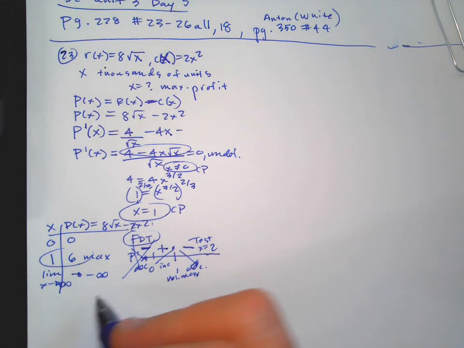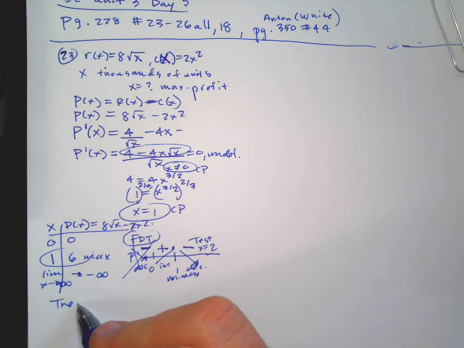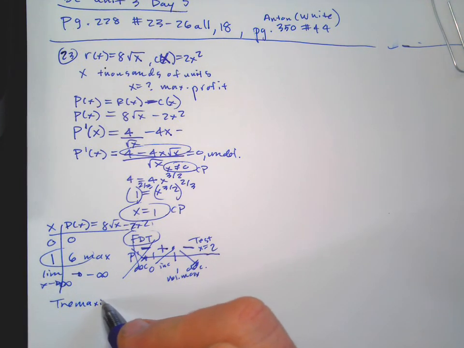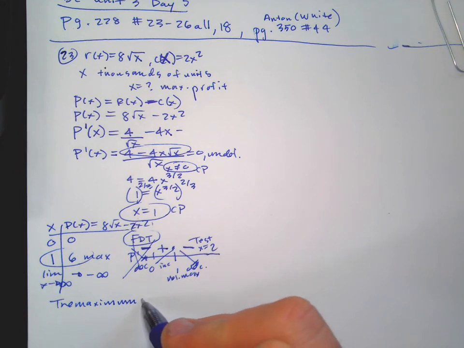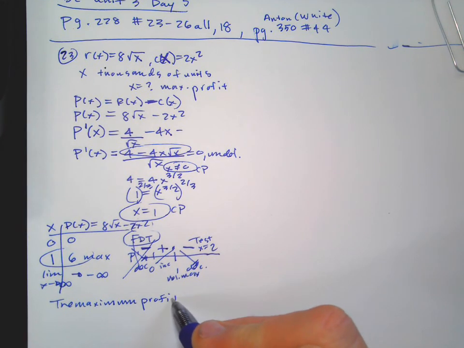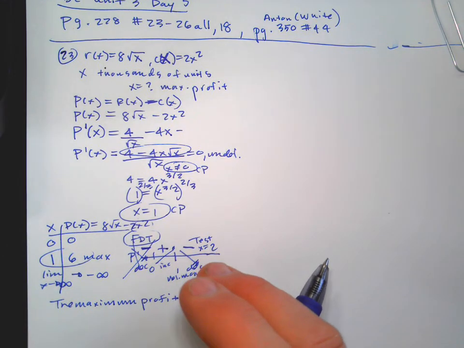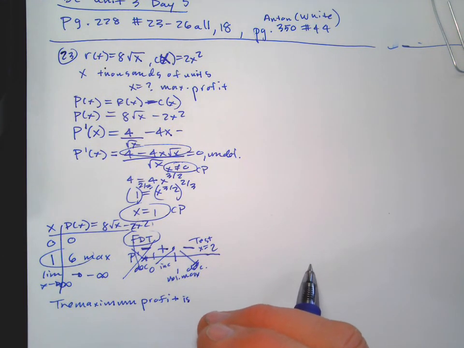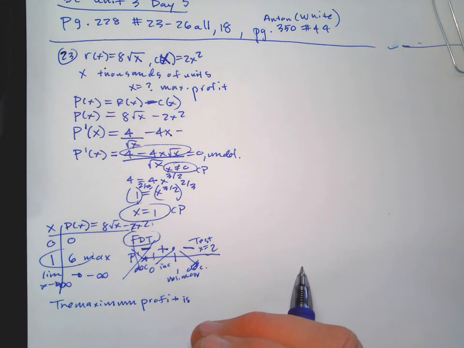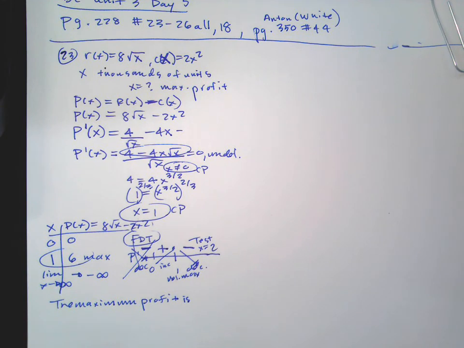So we could say the maximum profit is, let's see, what's the money stand for? 6. Is it thousands of dollars also? Cost, x is measured in thousands of units. Yeah, I don't know.